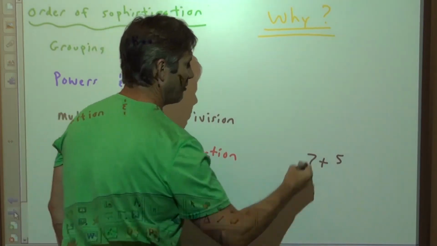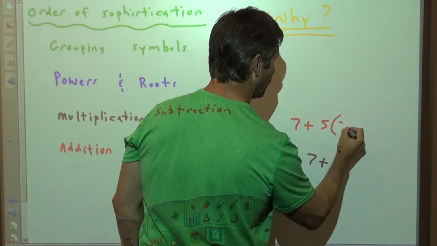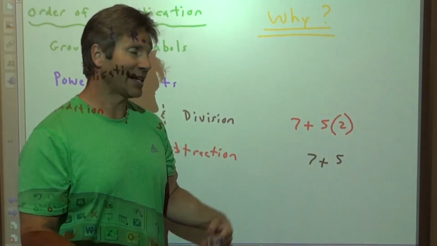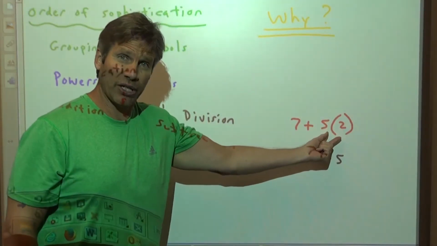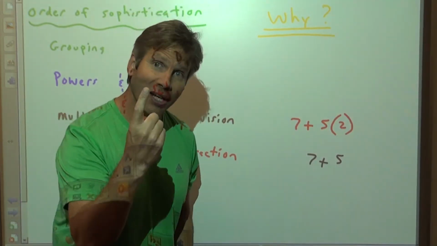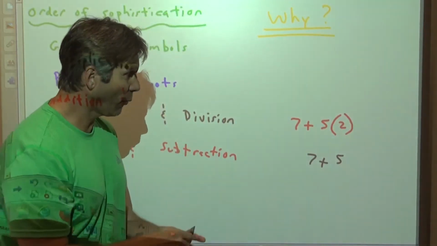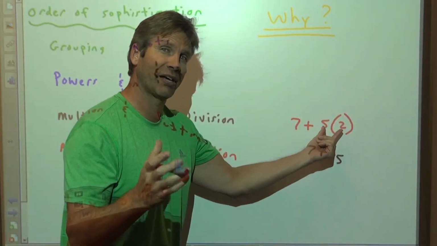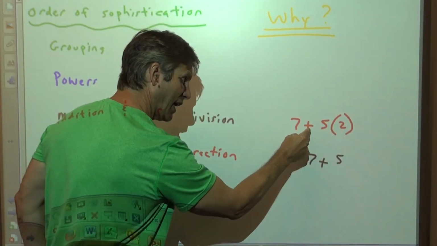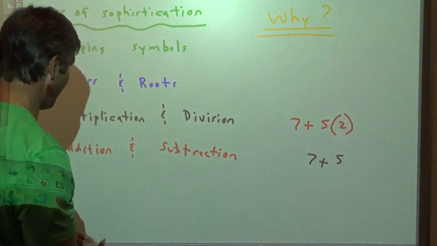But now, if we did 7 plus 5 times 2, this would mean that you have 5 2's being added together. There's actually 4 operations simplified by multiplication. You're doing 2 plus 2 plus 2 plus 2 plus 2. There's 4 additions going on when you multiply 5 2's together. So multiplication is much more sophisticated than just one time adding something. Multiplication's got to be done first.